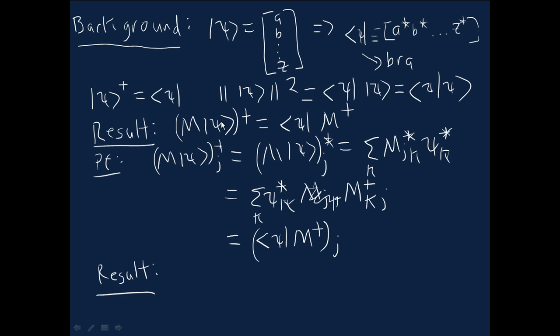Well, we can combine this identity with this identity for the length up here. In particular, we can use it to get a nice expression for the length of M psi in terms of the bracket notation. So the length of M psi all squared, from this formula up here, is just equal to M psi multiplied on the left by the bra for M psi, which we know from this result here is psi M dagger.